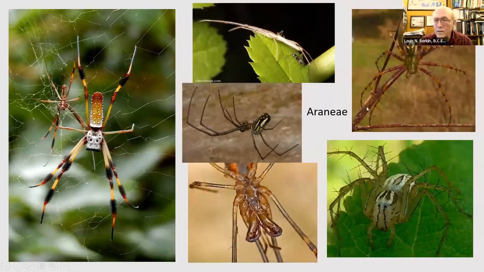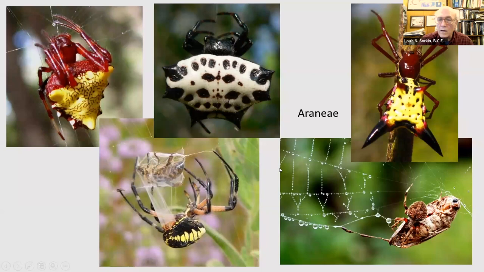Araneid spiders, oxyopid spiders, tetragnathid spiders. You're familiar with probably some of these, and these oxyopid or lynx spiders are the top right and this bottom right here. Other araneids, these are spiny bodied, kind of hard bodied spiders.